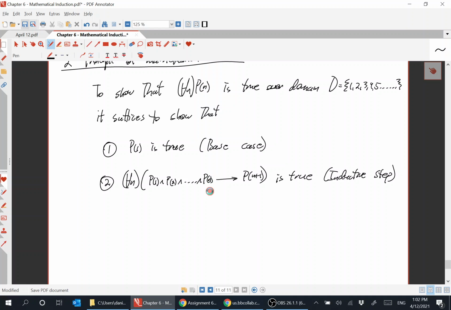So, what's intuitively the idea here with the second principle? In practice, the only difference is the induction hypothesis.